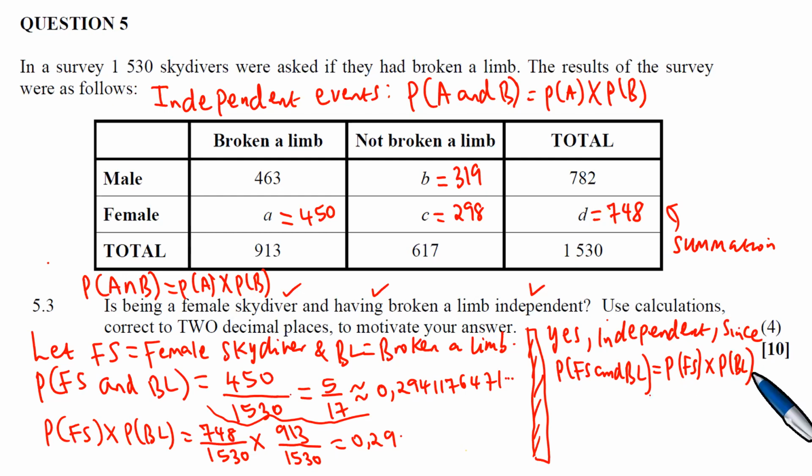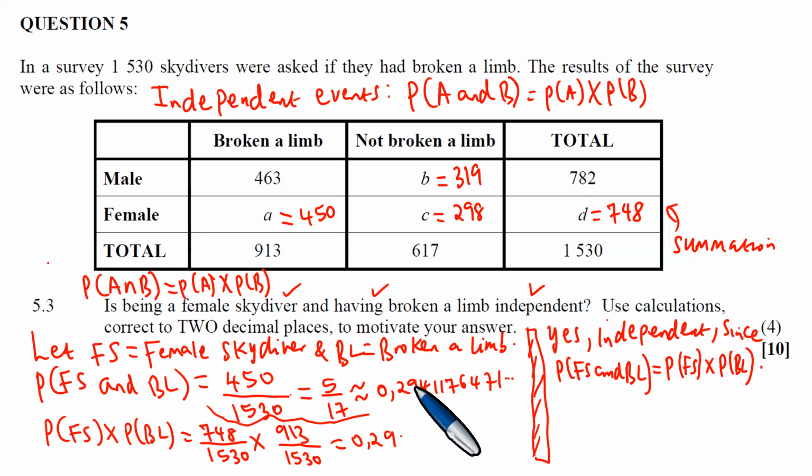Yes, independent since this is true, because the probability of a female skydiver and broken a limb is 0.29, and female skydiver times broken a limb is 0.29. Look carefully. You can see that they're both 0.29 and therefore they are almost equal to each other.